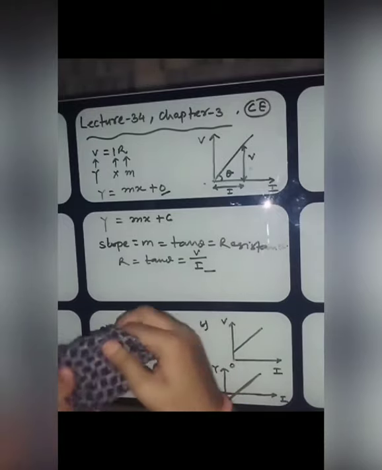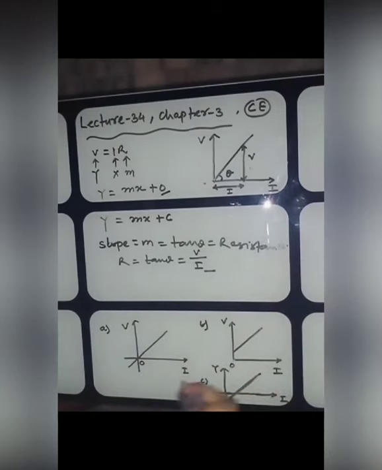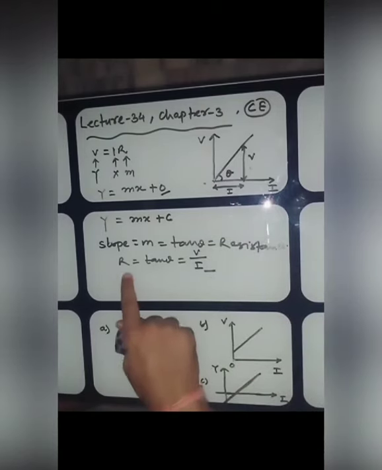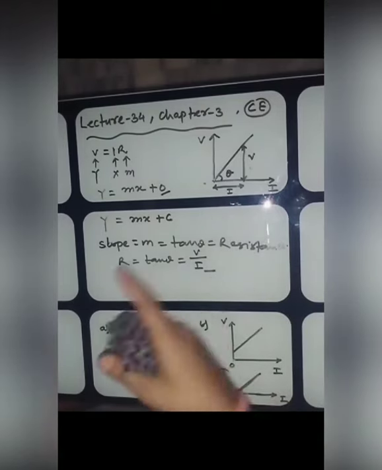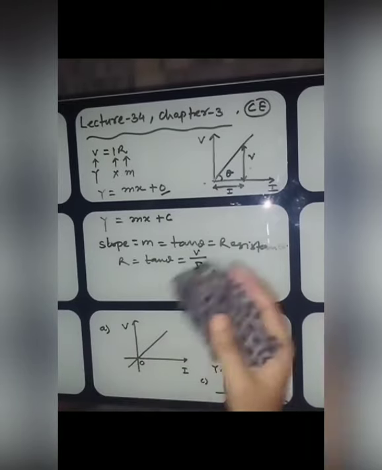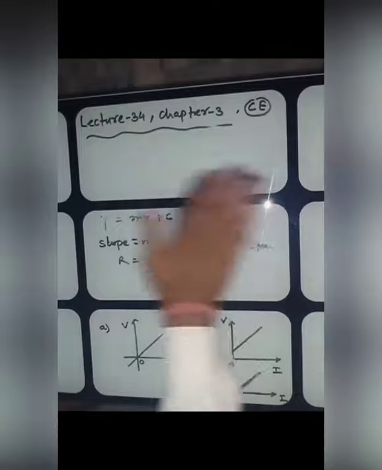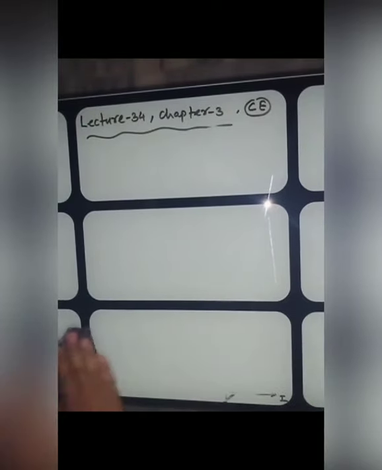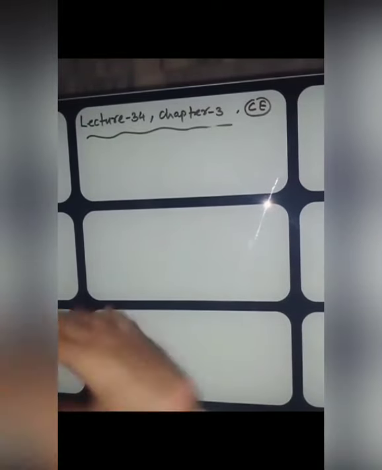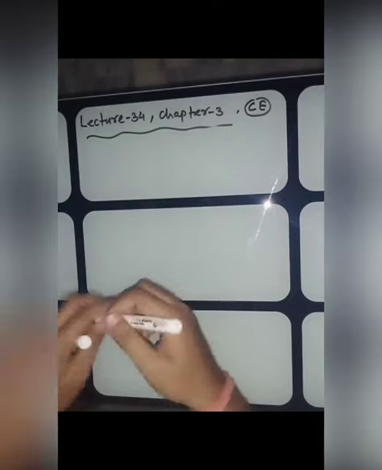Now we'll move to the section on resistance. I will explain this resistance and then we'll come to another quantity, resistivity. Okay, my dear student, I hope that you remember the resistivity that we discussed in the last lecture.